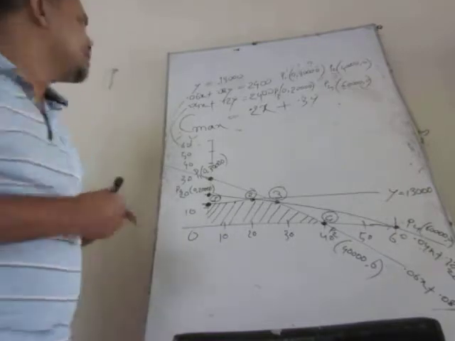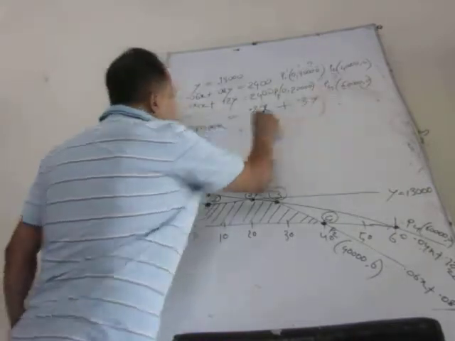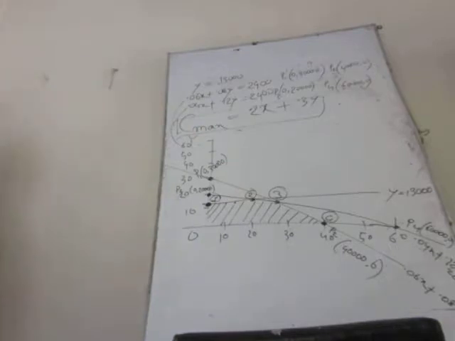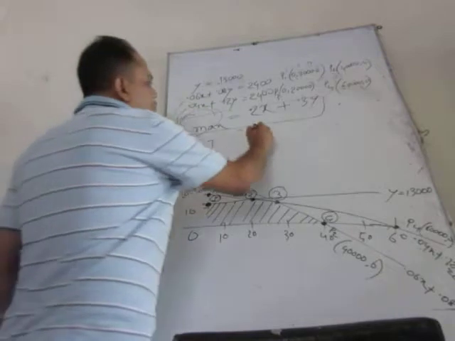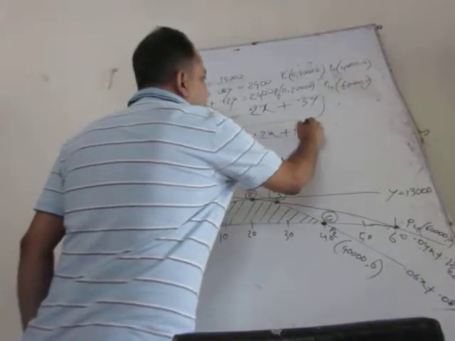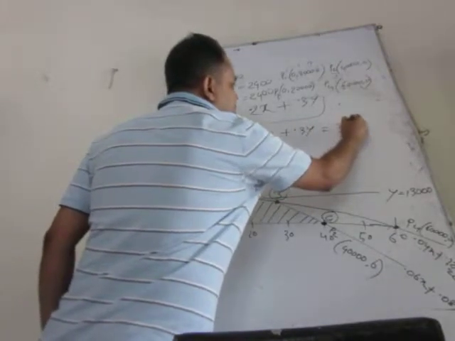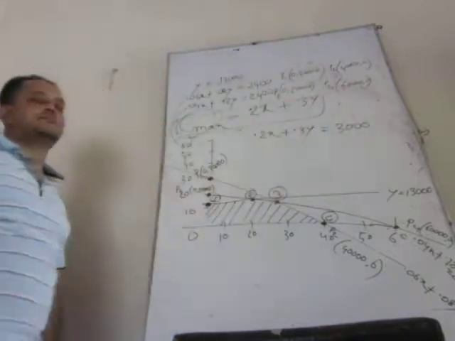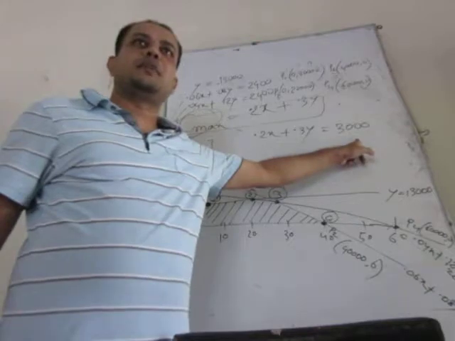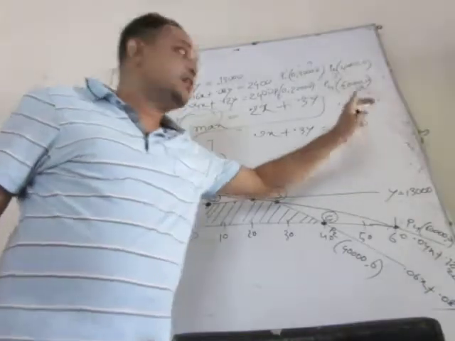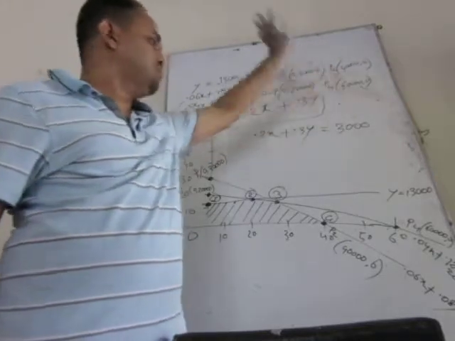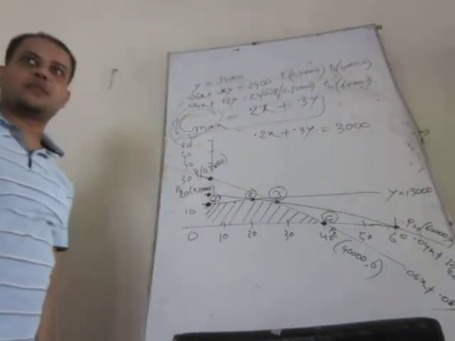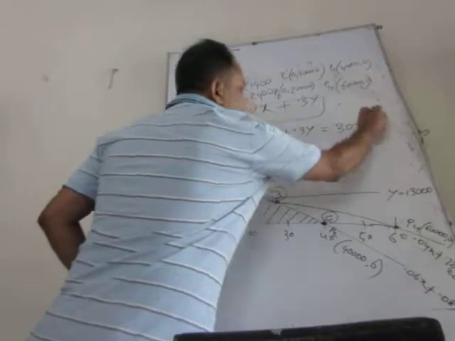Isoscale line drawing means, suppose we need to find out the contribution next, right? So we can plot any amount, 0.2x plus 0.3y equals, suppose, 3,000. You can plot any amount, but see the values 30, 40, 20, just like that. I could increase this to 30,000, suppose.